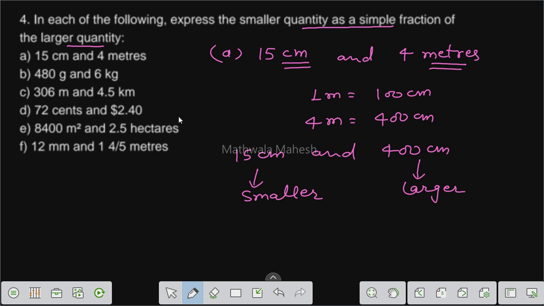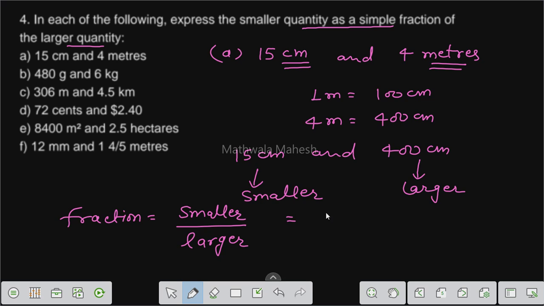Okay, and we have to express the smaller quantity as a fraction of the larger quantity, it means what is the fraction? Fraction is smaller upon larger.